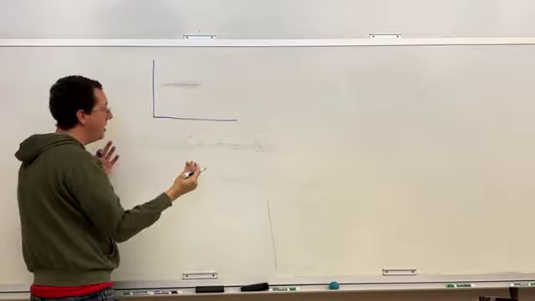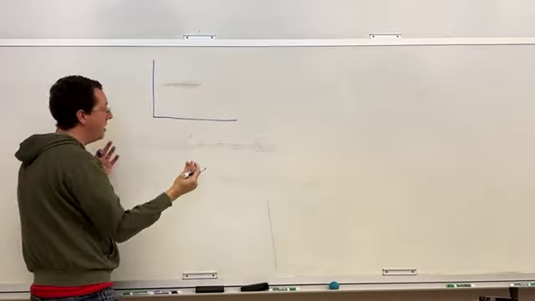I would like for you to find the average velocity between 0 and 4 seconds. Find v instantaneous at t equals 1 second.